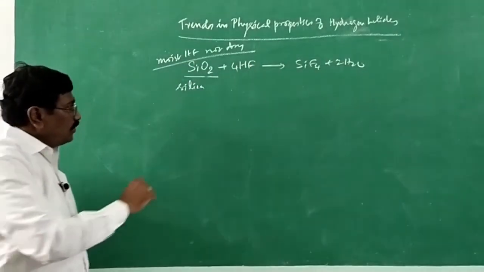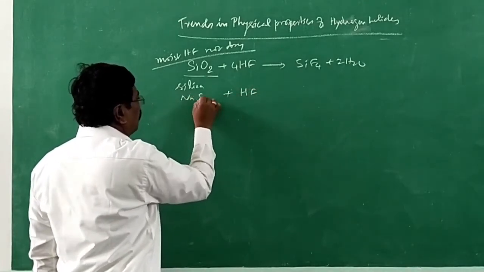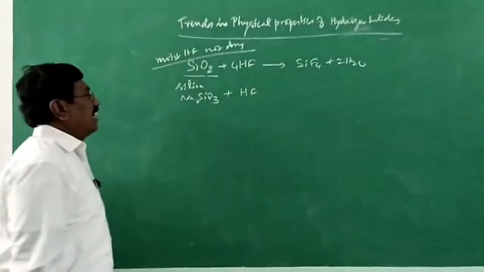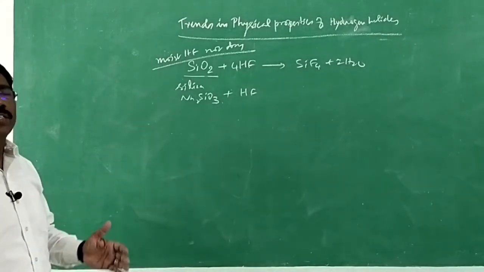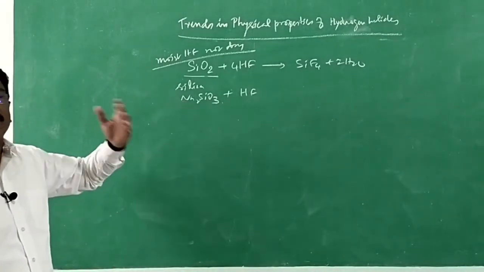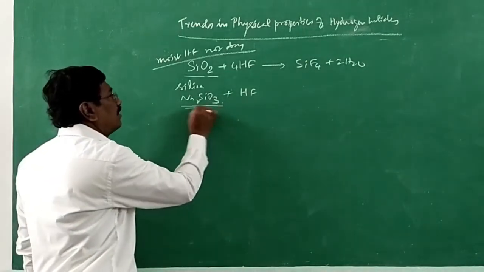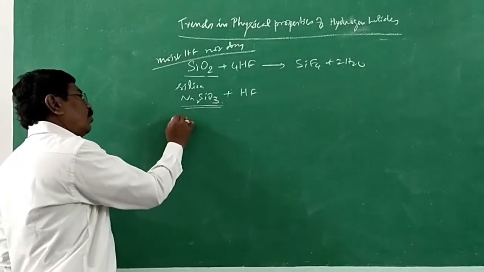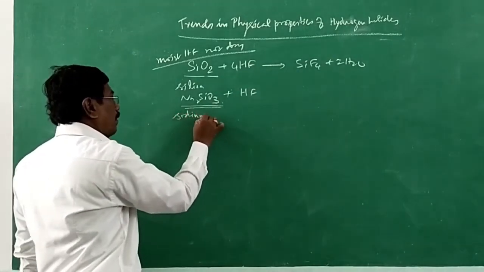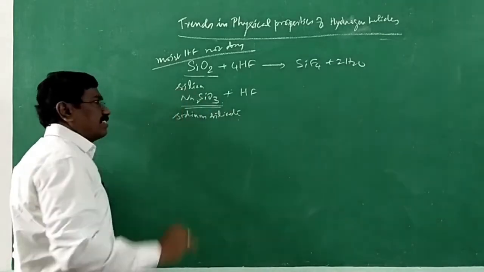HF can also react with sodium silicate. It is also a part of glass. Glass is made of silica with metallic oxides. So many metallic oxides: sodium oxide, potassium oxide, calcium oxide, lead oxide, etc. There it exists in the form of several silicates. It is sodium silicate, maybe considered as glass.